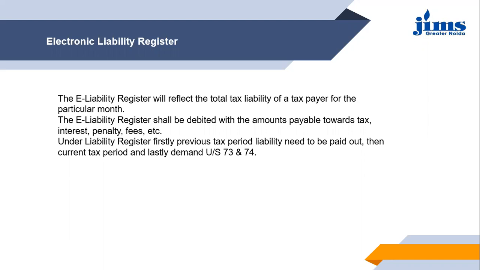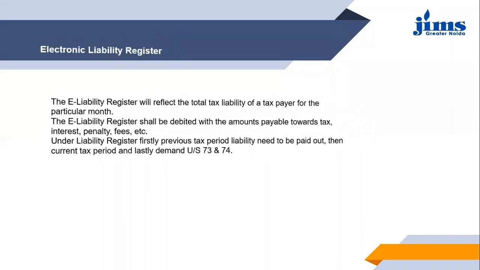What is this demand under section 73 and 74? This we will be discussing later in the further units, but for now you need to understand that first, whatever is the previous period tax liability, like if the previous month's tax liability is still pending, you have to first pay out the previous month's tax liability and then pay out the current period tax liability. So this is how you need to meet out your liabilities under the GST.